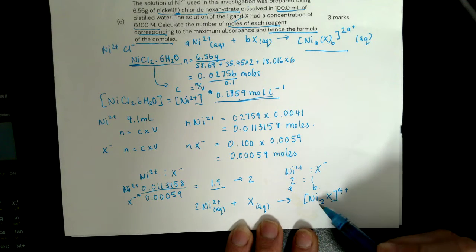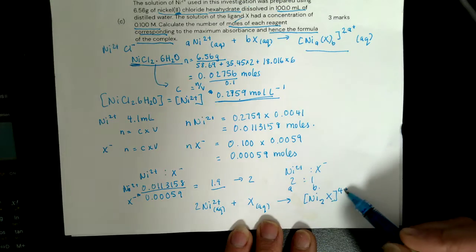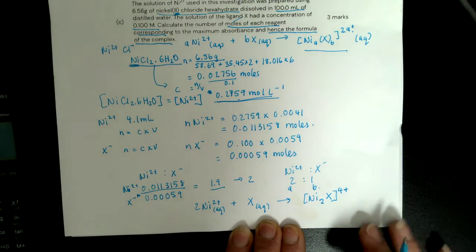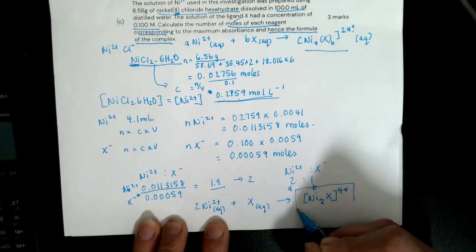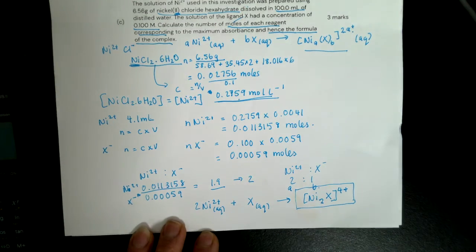You could also work that out by saying, if each nickel has a 2+ charge and there's 2 of them, then it will be 4+. But I think it's self-explanatory when you put it into the equation. And that is the formula. So that is the final answer for part C.